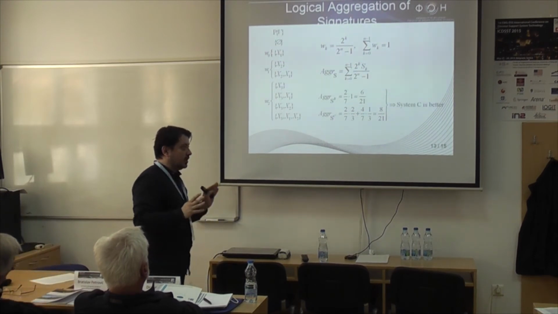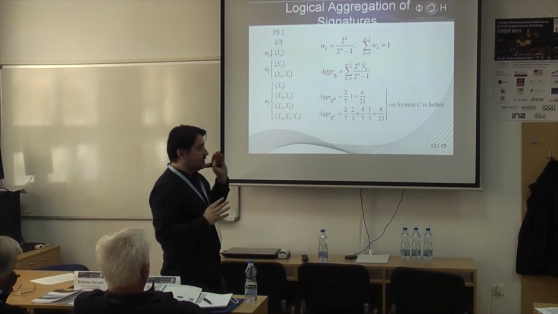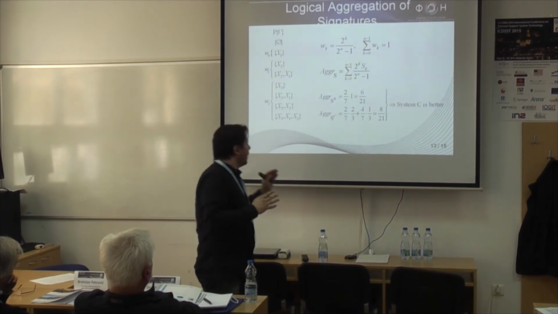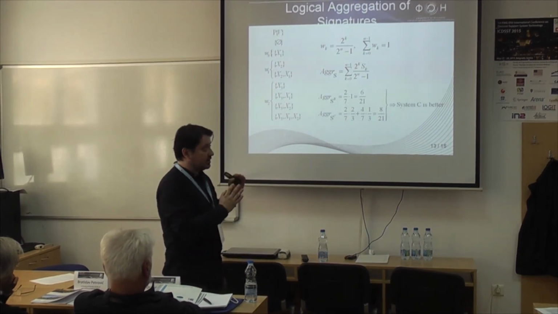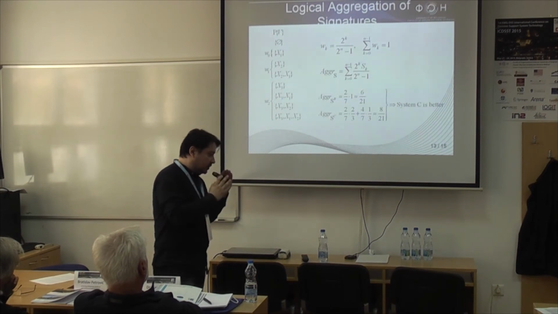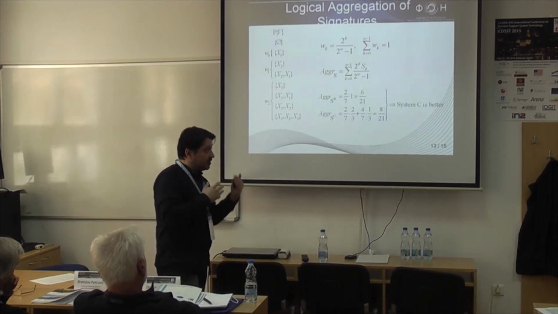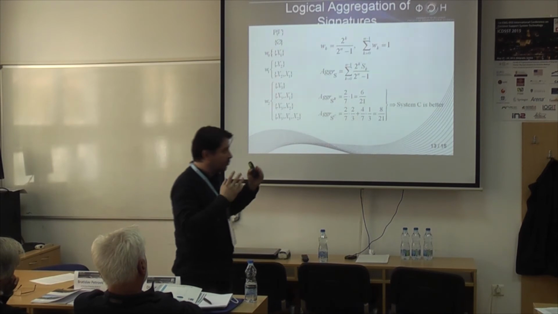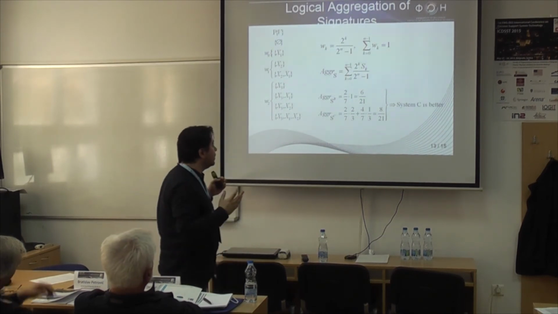The first thing about the system signatures is that they are actually related to cut sets, or they are trying to determine what happens if one or more components of the system fail.